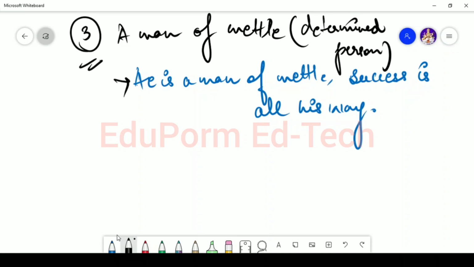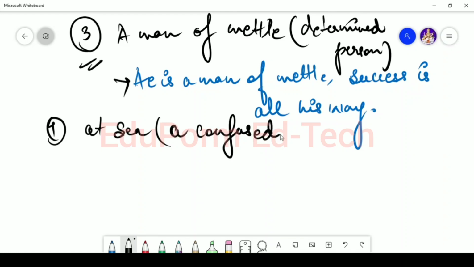Okay, now at sea. What does it mean by at sea? At sea means a confused person. Okay, when you are referring towards a confused person.